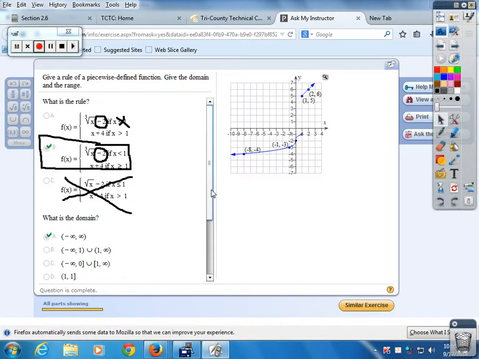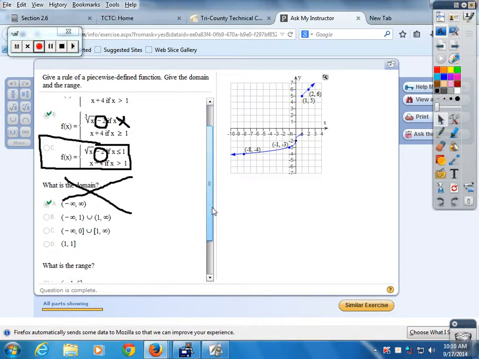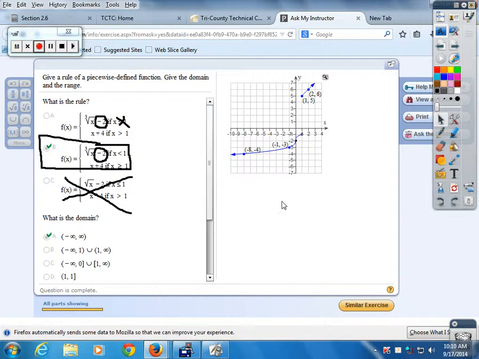All right, what is the domain of the piecewise function? All real numbers. Because it goes from here, there's an arrow, it goes from here to here, and it stops before you get to 1, but what does this one do? It takes off from 1 and goes to what? Infinity.